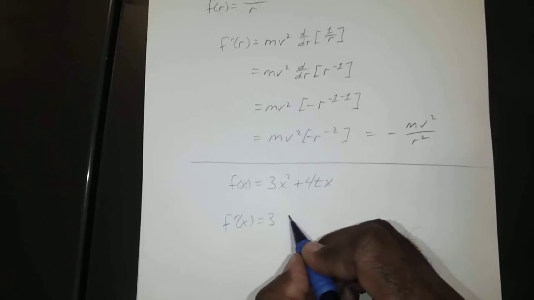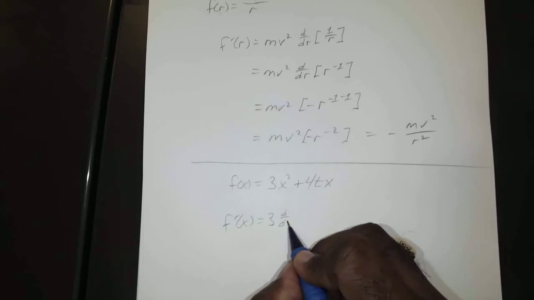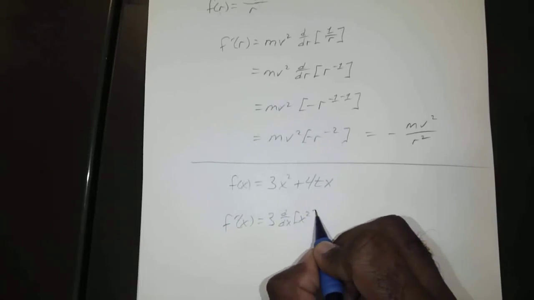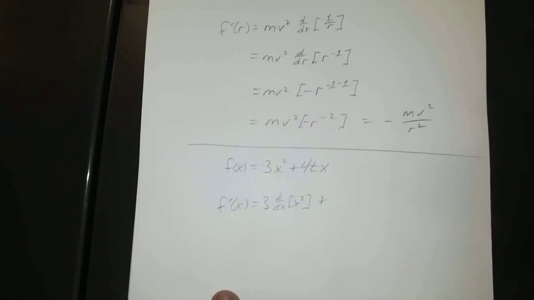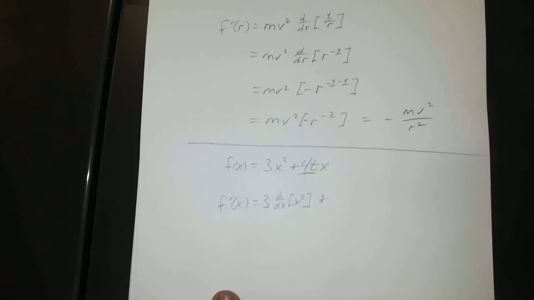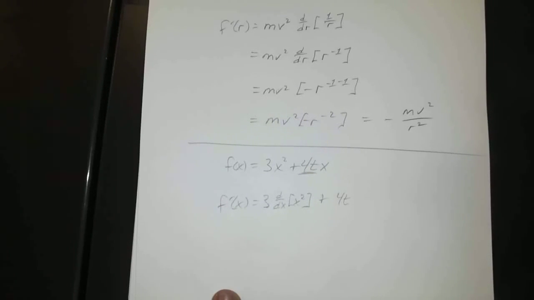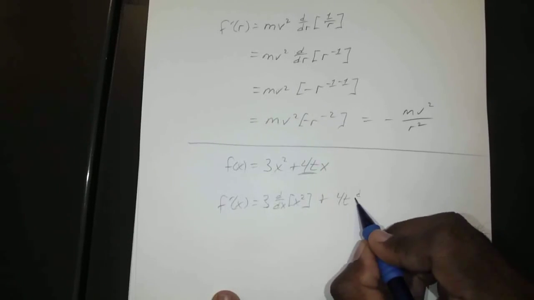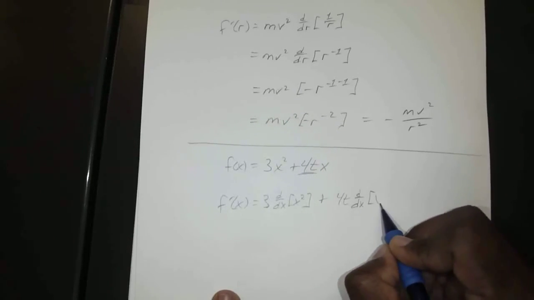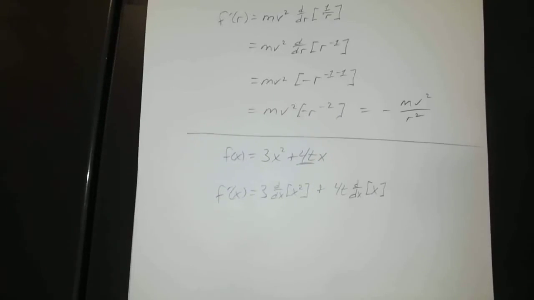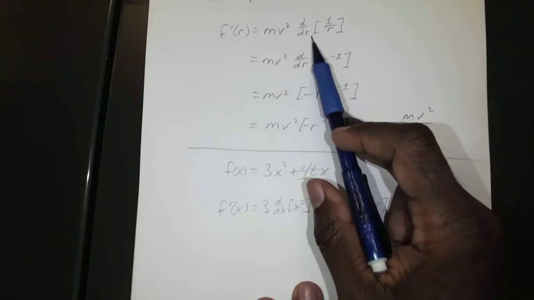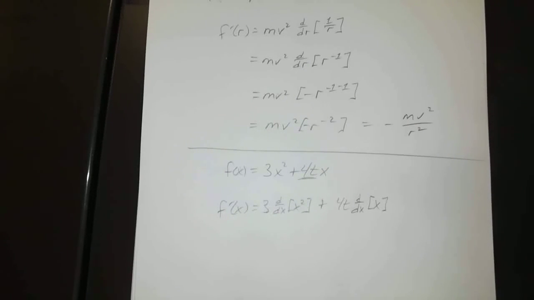Remember, that's going to be 3 times the derivative of x squared plus that 4t is treated as a constant. So that comes right out to the front just like the 3, times the derivative with respect to x of x. So anything other than x just comes right out to the front. Kind of the same way with this one. Anything other than r comes right out to the front.